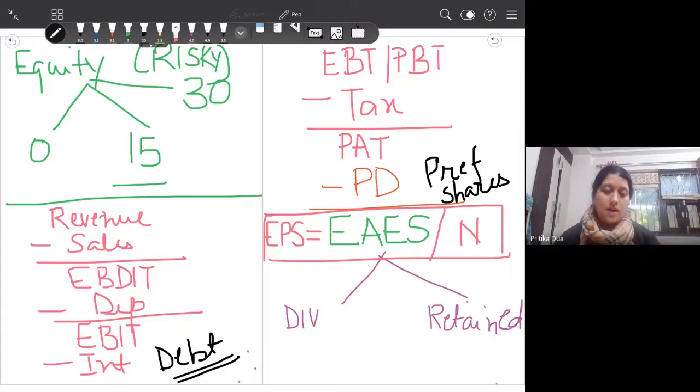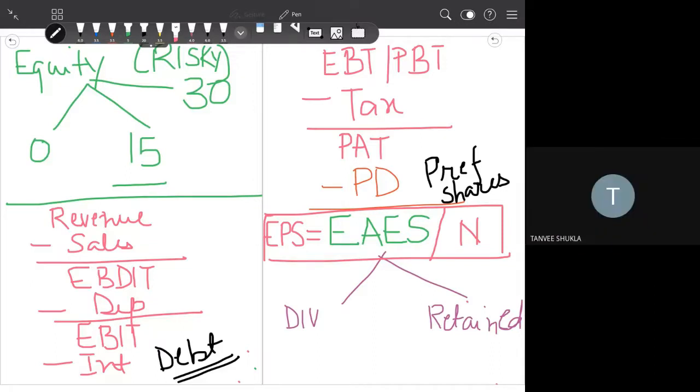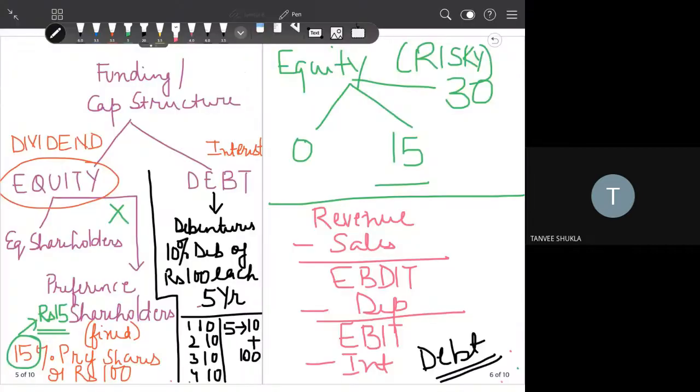So till here, if something is not clear, you can ask. Otherwise, I'll move back to the slide. Clear? Yes, Tanvi? Ma'am, in the previous slides, after 5 years, people will be getting a total amount of 150 rupees.